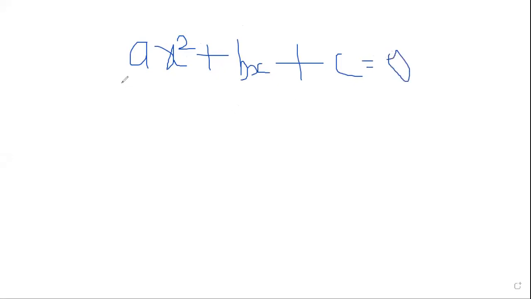So the last time I was in the class, I taught you how to convert ax squared plus bx plus c equals 0. I taught you all how to convert this to what?